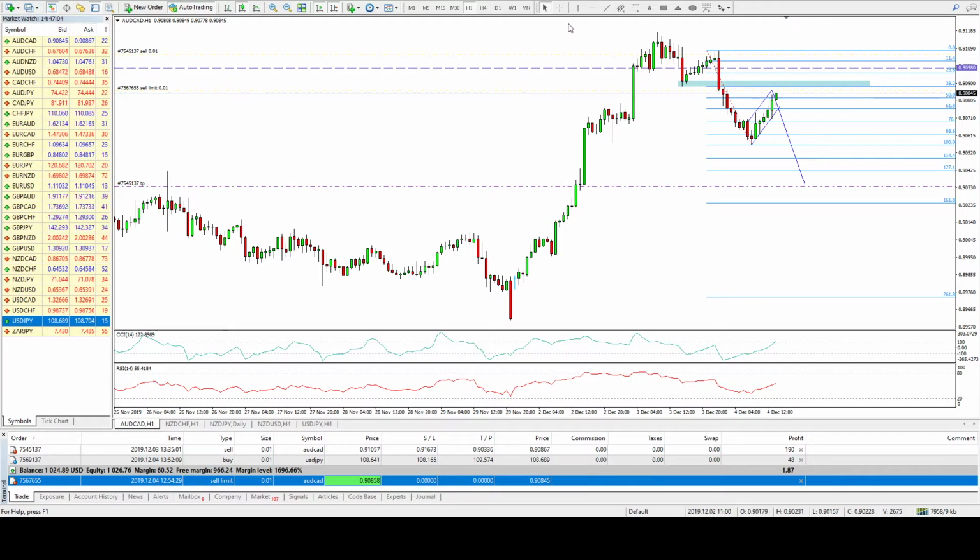I'm in a good place because I really want the price to come to this zone right here where the box starts. So this is a good place. Looks like I'm going to get filled here, hopefully.